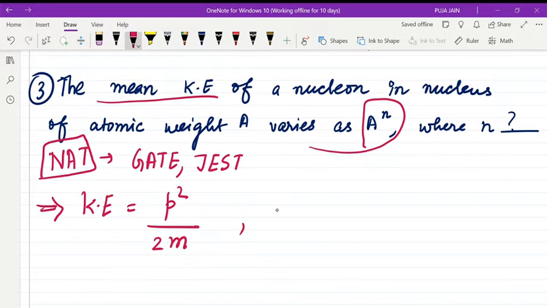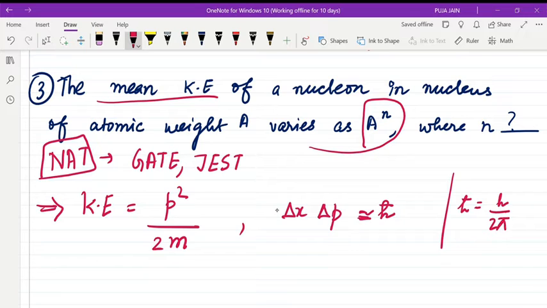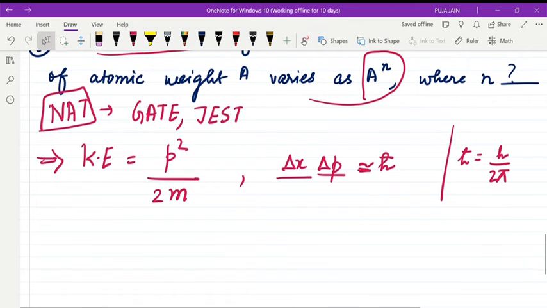And also we know the Heisenberg uncertainty principle that delta x delta P is approximately equals to h cut, where h cut is Planck's constant by 2 pi. Delta x is the uncertainty in position, and delta P is the uncertainty in momentum, and the product of it is approximately equals to h cross.